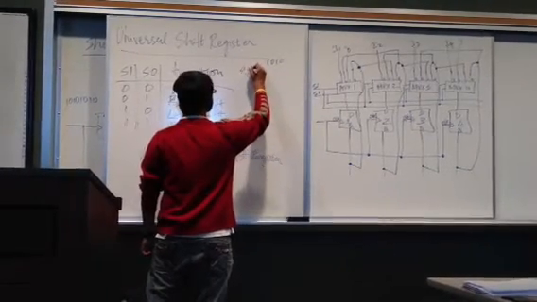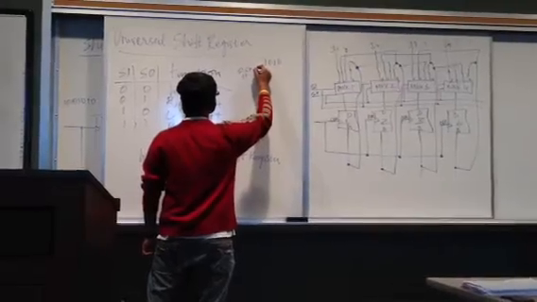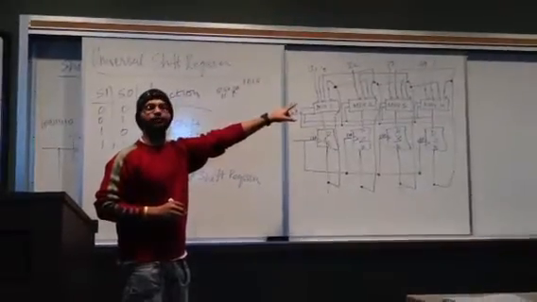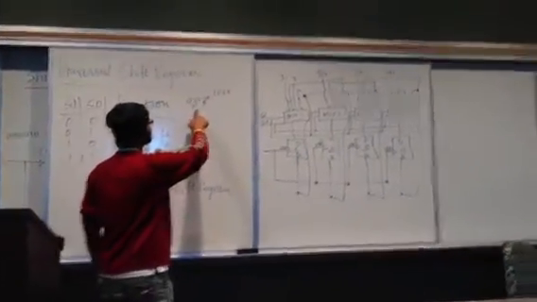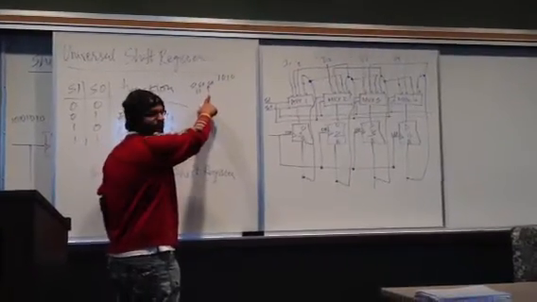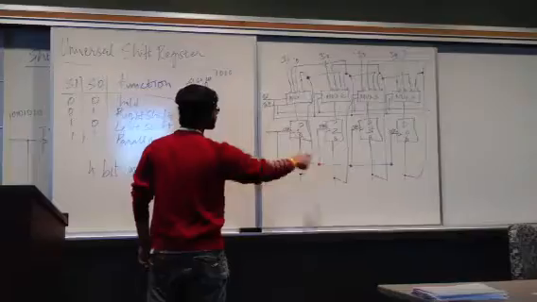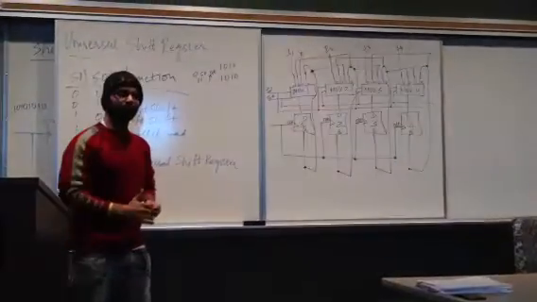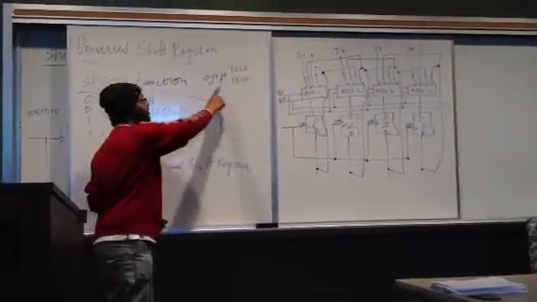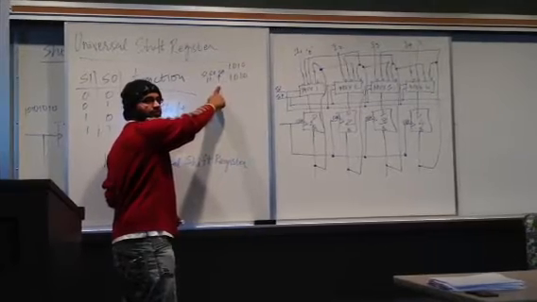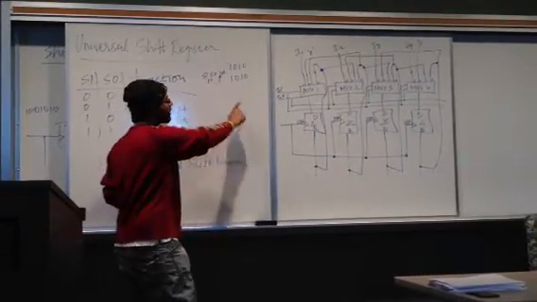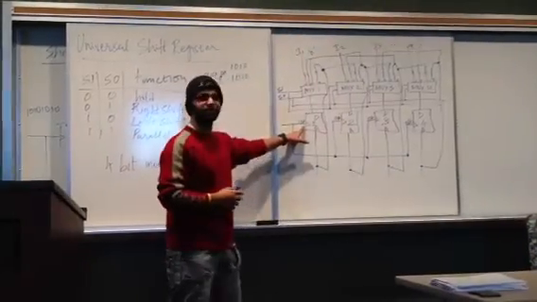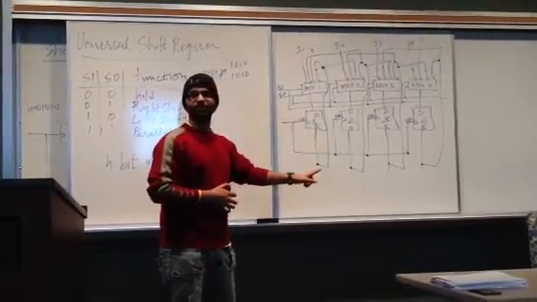So this is S1, S0, and this is the clock. I'm providing an input of 1, 0, 1, 0 on I1, I2, I3, and I4. So if S1, S0 are 1, 1 and there is a rising edge on the clock, the outputs Q1, Q2, Q3, Q4 will have 1, 0, 1, 0 because you're doing a parallel load. And this happens only at the rising edge of the clock. This will not happen if the clock is 1 or 0 or a falling edge. It happens only on a rising edge of the clock, because that's how we have to design it.